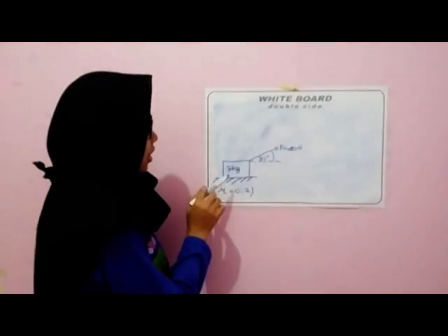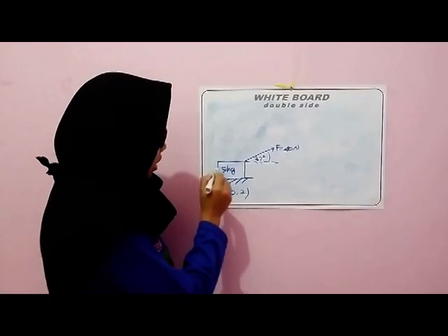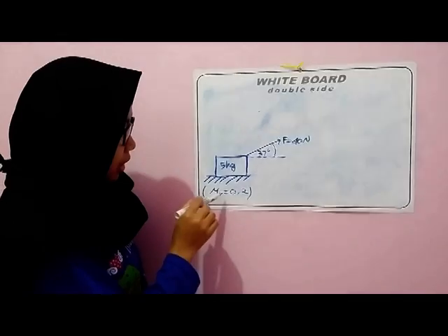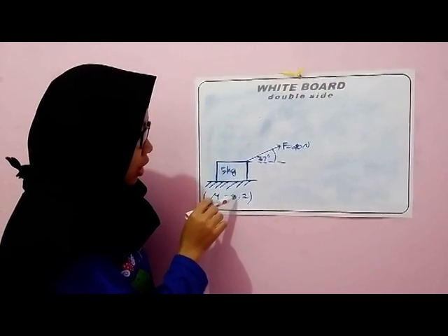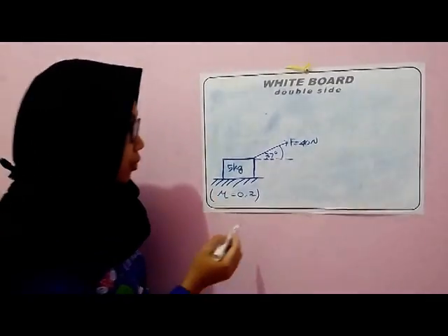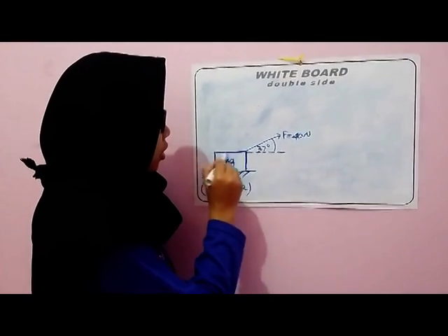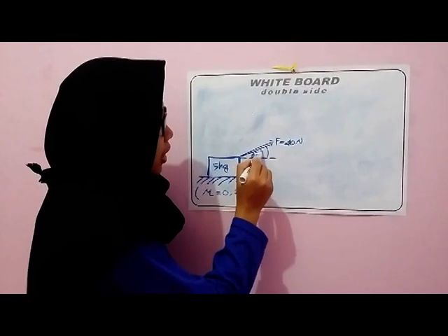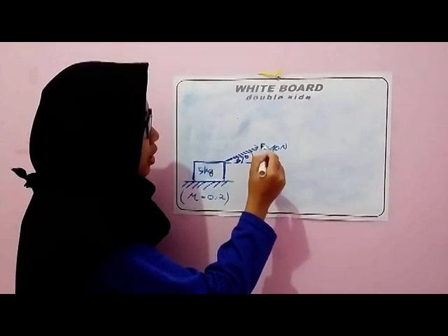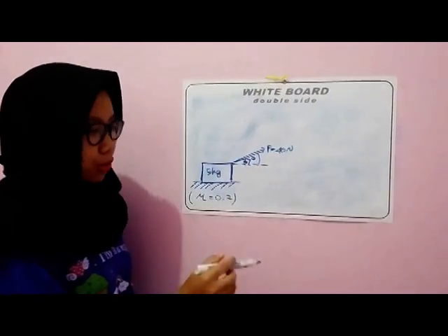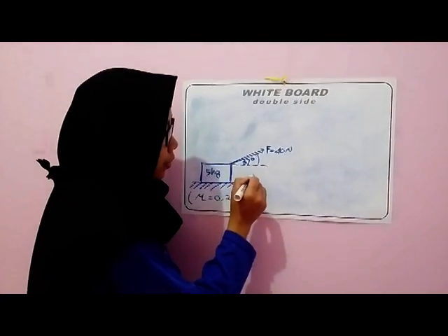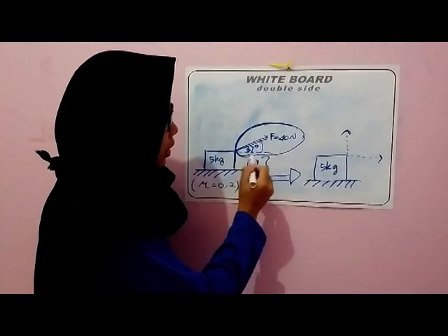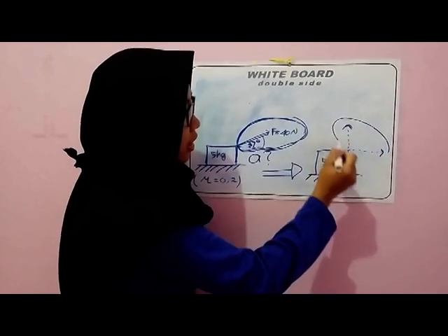Okay, this is another example. This box has mass 5 kilograms and mu is equal to 0.2, and this box has an angle of 37 degrees and the force is equal to 40 Newton, and we will find the acceleration. We can draw it like this.